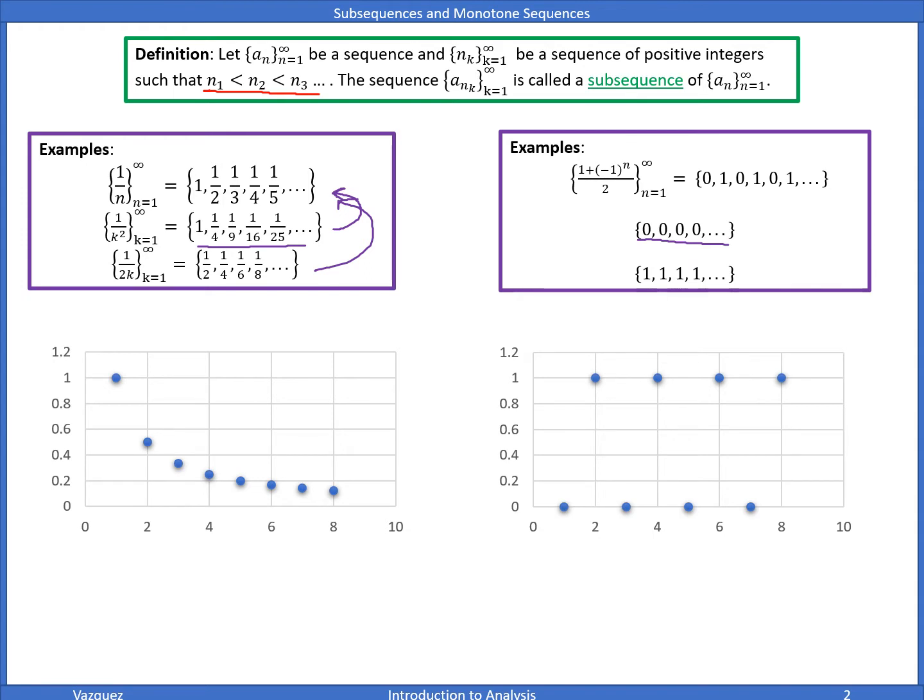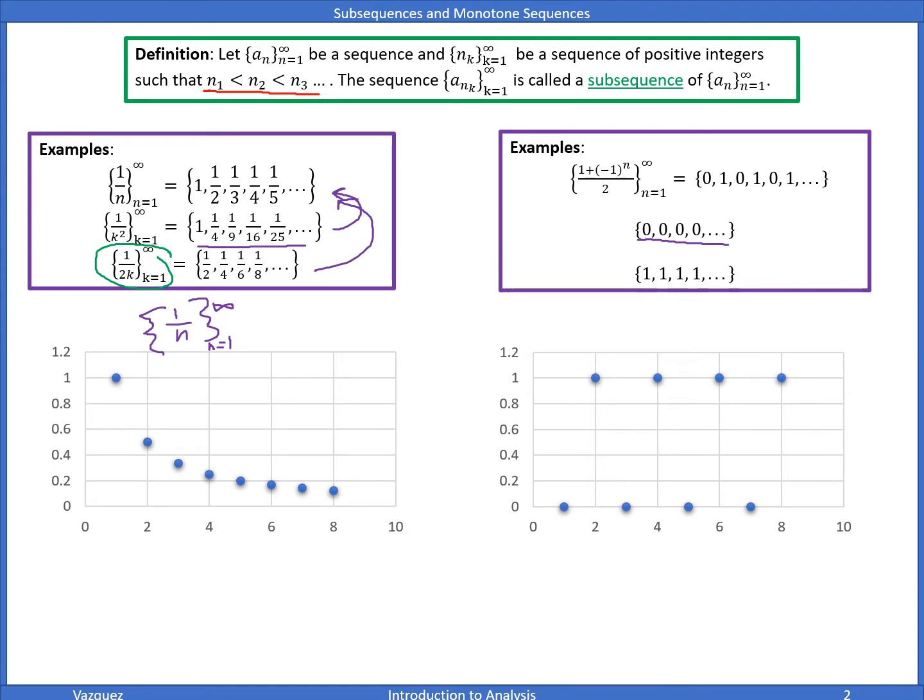Right? And so down here, just to show you visually, we have the sequence 1 over n, from 1 to infinity. And for example, the subsequence 1 over 2k, we could just delete some terms of the original sequence.